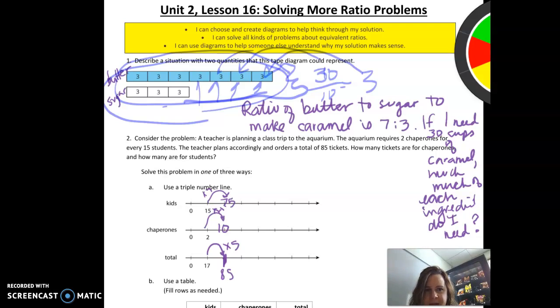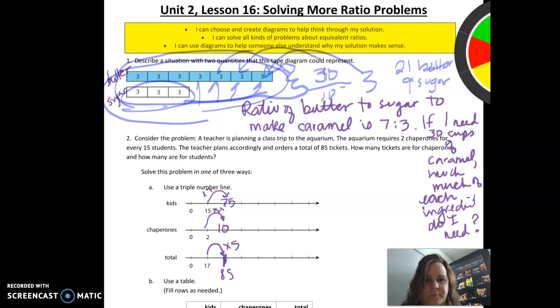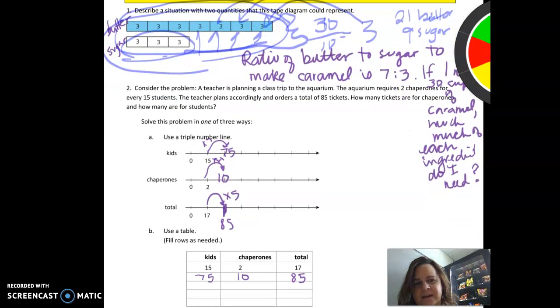And I could use this to answer the question again, how much of each ingredient I need. So in this case, I need 3 times 7, or 21 parts of butter. Let's call those tablespoons. And then I would need 3 times 3, or 9 parts of sugar. I actually think it's probably the other way around, but you get the idea.